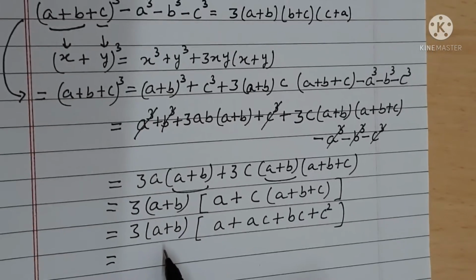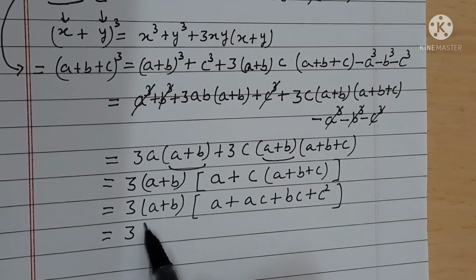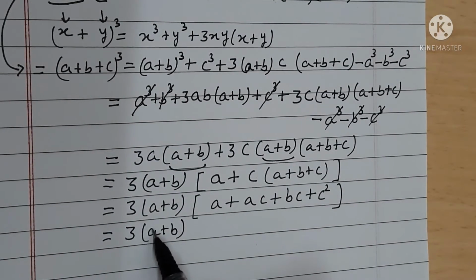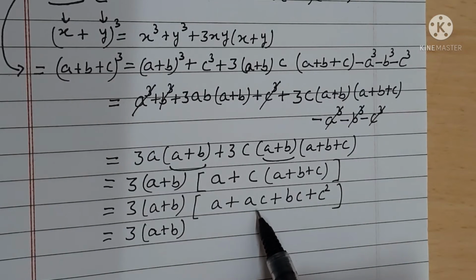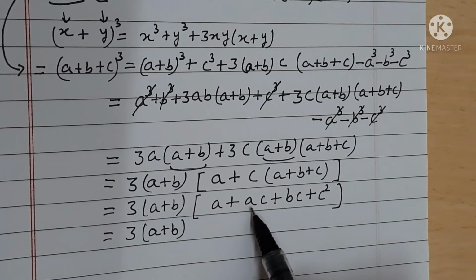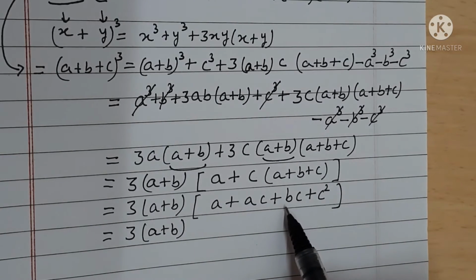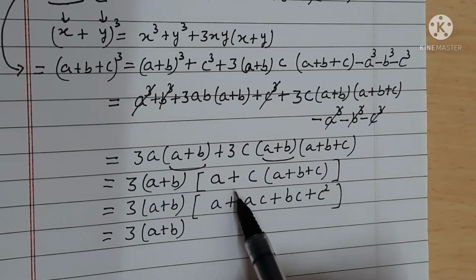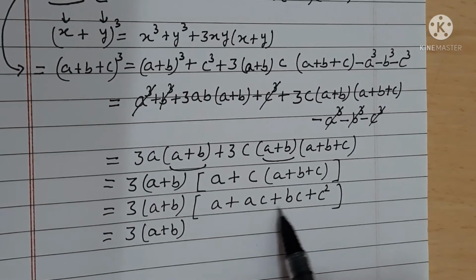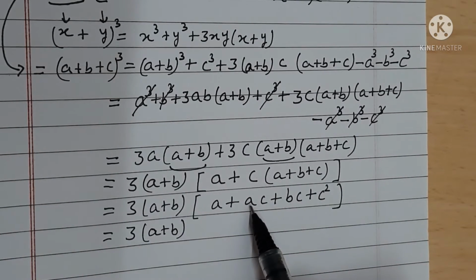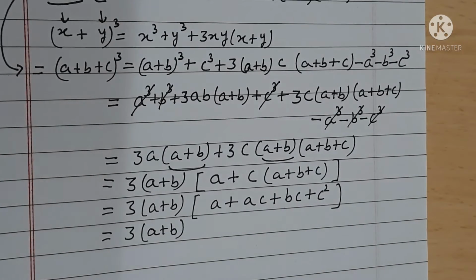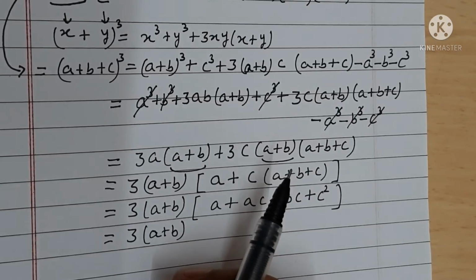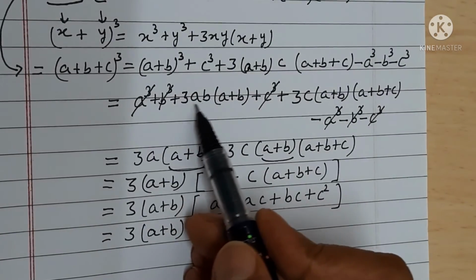Here 3 into a plus b. Now do factors by taking common. Here this is ac and bc, c common, and here this is 3ab.